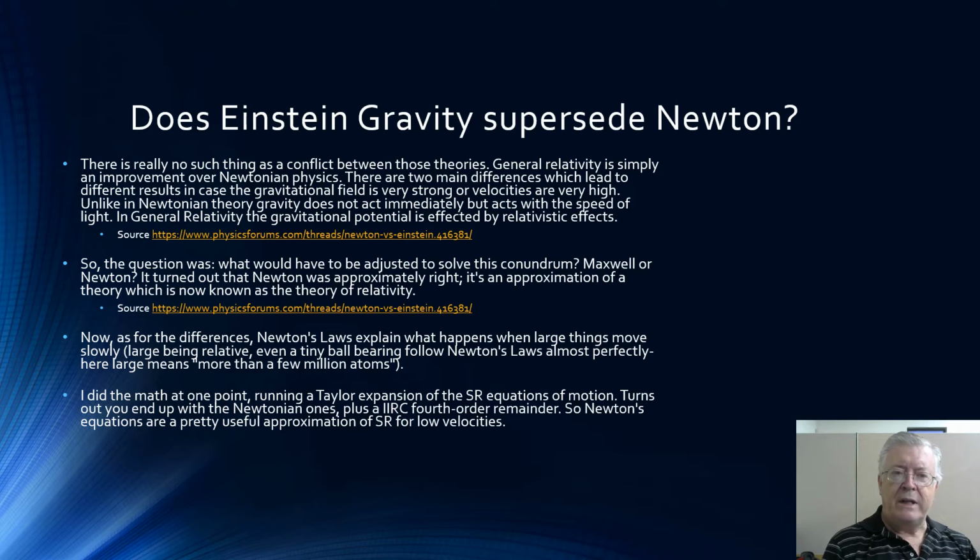Unlike Newtonian theory, gravity does not act immediately but acts with the speed of light. In general relativity, the gravitational potential is affected by relativistic effects. So that's one quote.